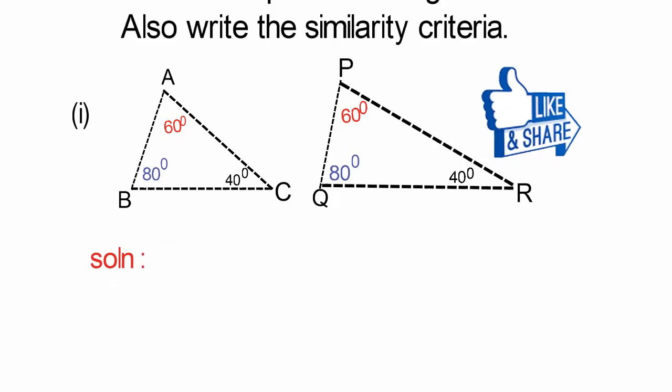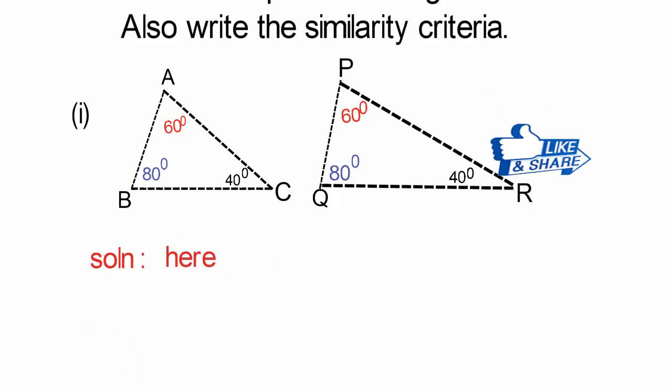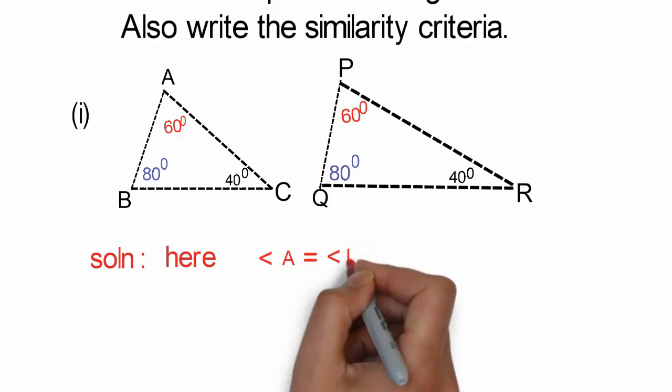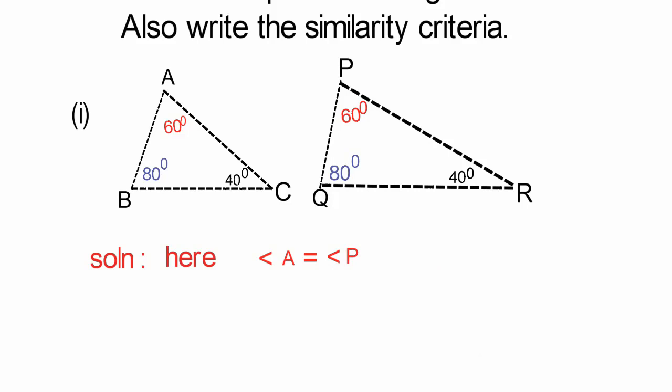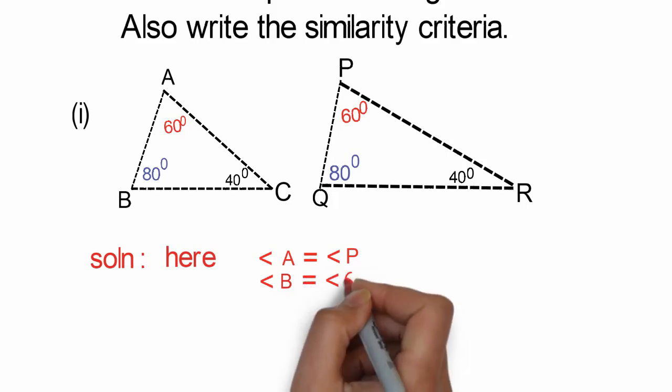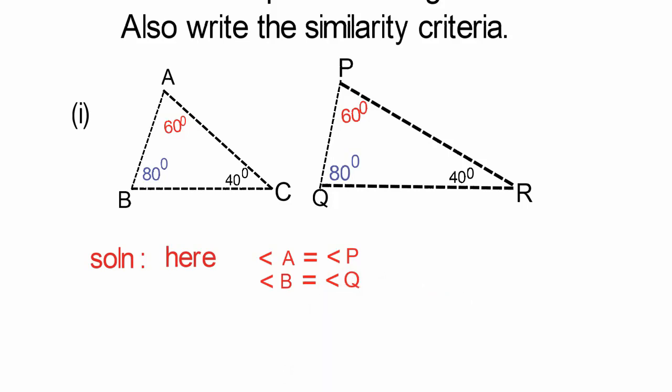In both triangles, what we are observing is that angle A of the first triangle is equal to angle P of the second triangle because both have the measurement 60 degrees. Angle B of the first triangle is equal to angle Q of the second triangle because both have the measurement 80 degrees.